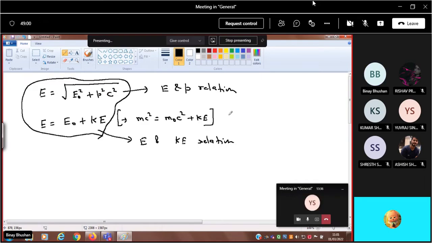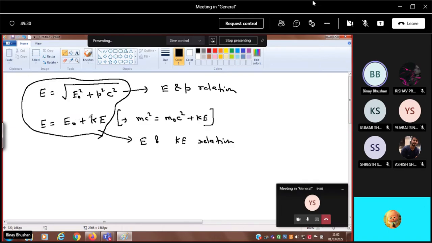In STR, this first one is the energy and momentum relation. So it depends on the context of the question, right? I have not solved any numerical example yet; I will solve that in the next class tomorrow. I will try to solve some numerical examples here. Okay, so we have these two formulas.